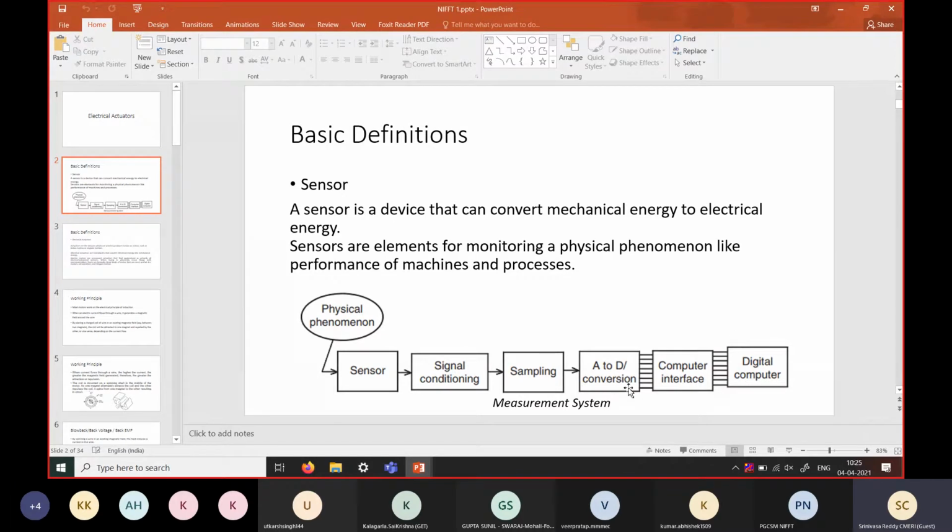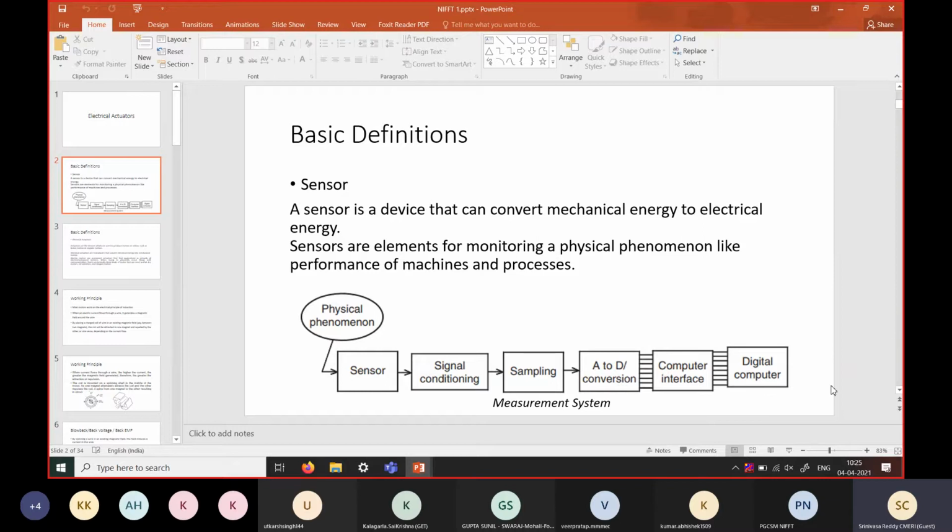That is the basic difference between analog and digital. We can give an example for an analog signal, like a voltage or current flowing in a wire with respect to time. At any given point of time we can get the signal. Here the analog signal is converted to a digital signal, then that is fed to a computer.